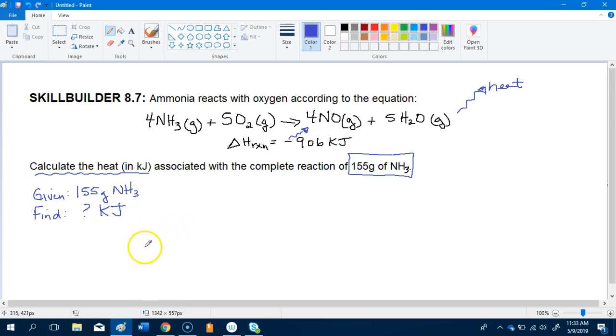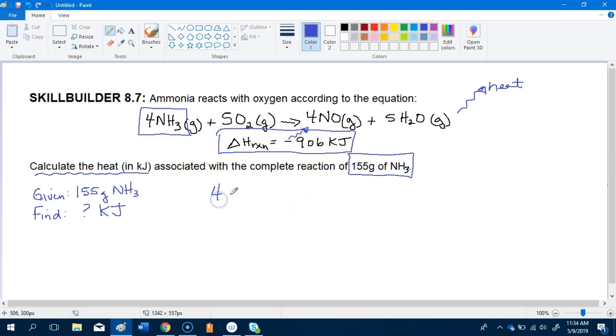Now, my conversion factors that I'm going to use are the following. I have 4 moles of NH3 will create negative 906 kilojoules of energy.